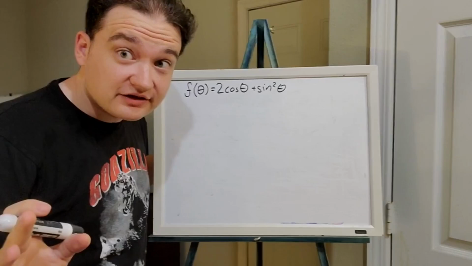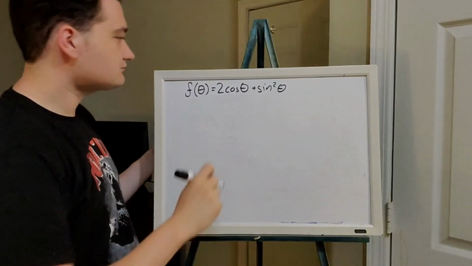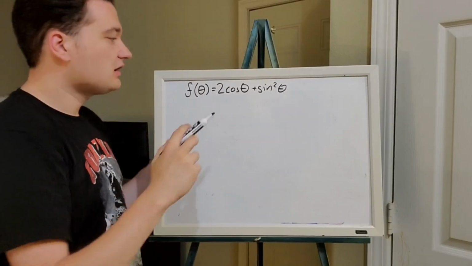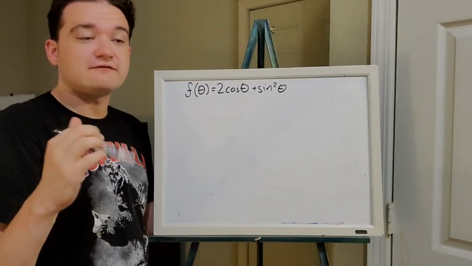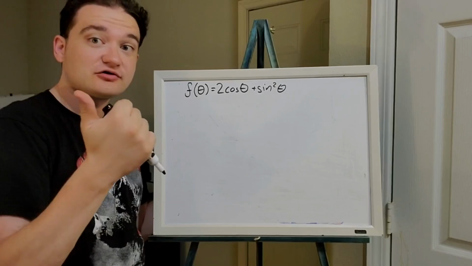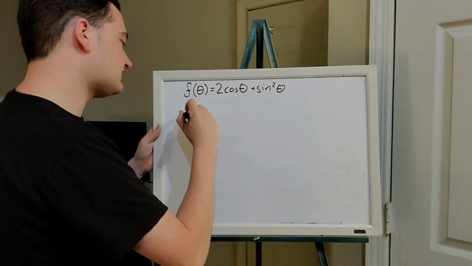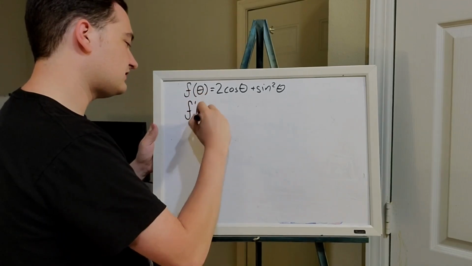I lied. We're going to find the critical points one more time for this function, just to show you what it looks like for trig. Now, again, critical points: looking for places where the derivative equals 0 or does not exist. So we're going to start by finding a derivative.